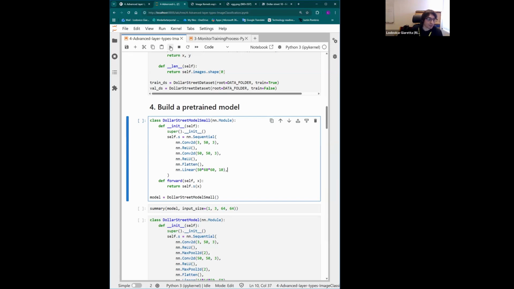And now before going further into what this does exactly, let's try to have a look at building this model and getting a summary for the shape of the layers in this model.